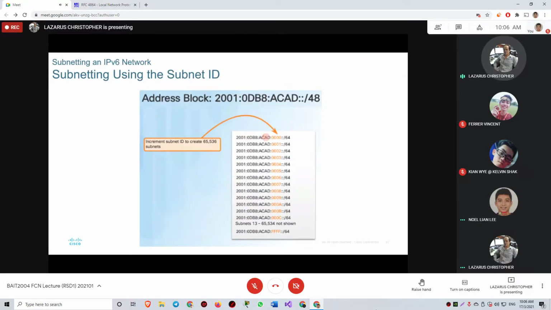The 48-bit global routing prefix, because you can see 2001 is a global unicast address, is the globally unique part provided by the RIR. Normally an organization has to be very big to get addresses directly from the RIR.